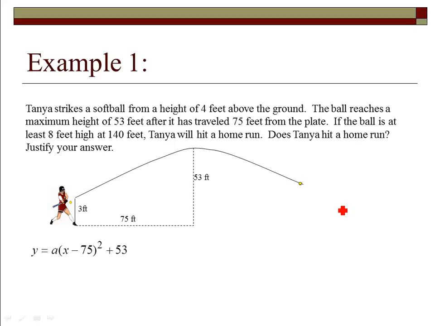So I'm going to put it into my vertex form of the equation. Just in case we need little reminders, vertex form of a parabola is y equals a(x minus h) squared plus k, and my vertex is at (h, k). So my vertex is at this point (75, 53).